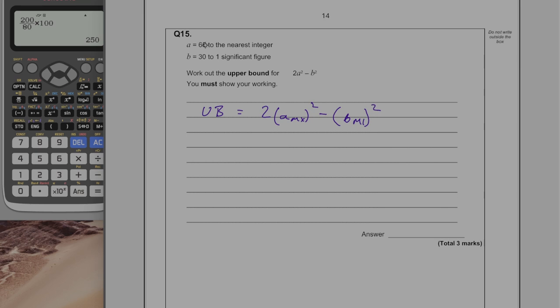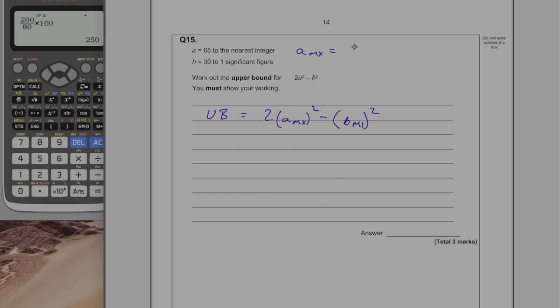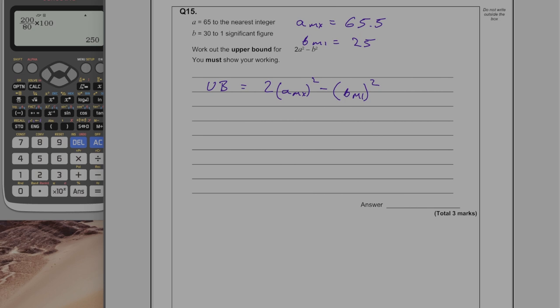So if a is 65, then a max is going to be equal to 65.5. And I know technically we'd round that up, but in terms of bounds, we use that maximum value minus b min, which, to one significant figure, would be 25. So I'm going to type it in like that.